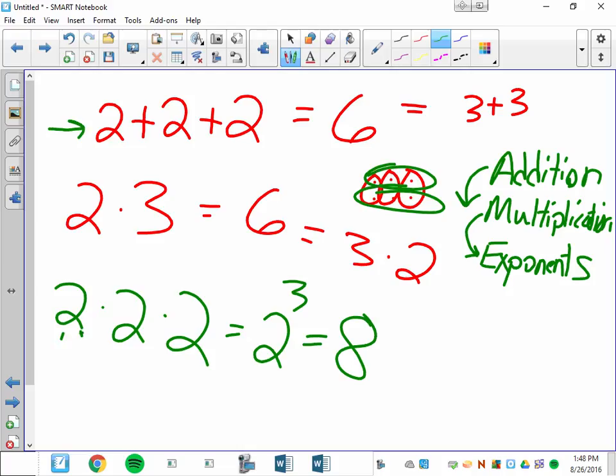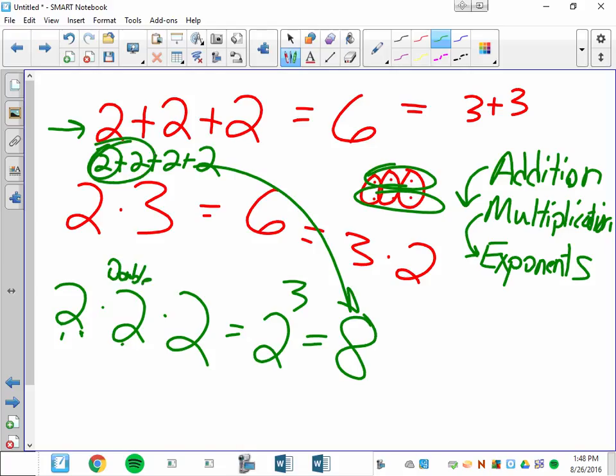If I added another 2, so 2 plus 2 plus 2 plus 2, that is 8, right? So I could say I start with 2 and I double it, right? 2 times 2, this just means double. And I double it and get that. Well, if I bring in another 2, I just double it again. So addition can be turned into multiplication, which can be turned into exponents.